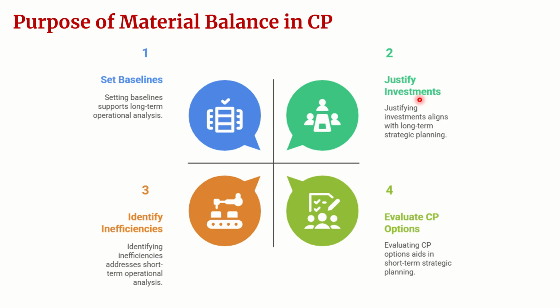That is, provide data to support the economic benefits of waste reduction. Identify inefficiencies. This involves highlighting where the materials are not being fully converted into the desired end product. Then evaluate the cleaner production options. So predict the impact of the proposed changes on material flow and waste reduction.